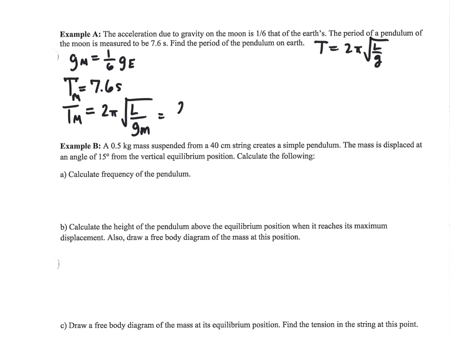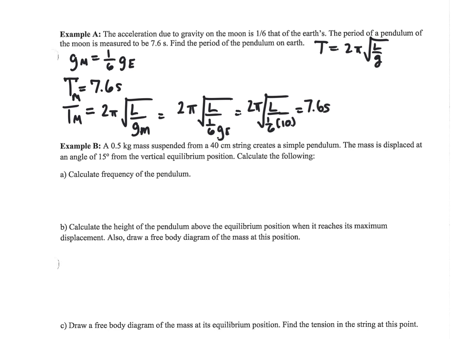This is 2 pi square root of L over 1/6 the gravity of Earth. So this is 2 pi times what? Length over 1/6 of gravity on Earth, which is 10, about thereabouts, and we're going to set that equal to 7.6 and solve.